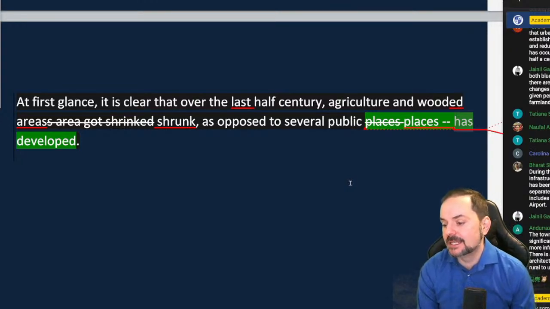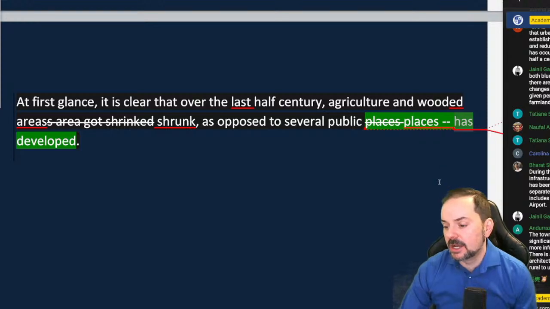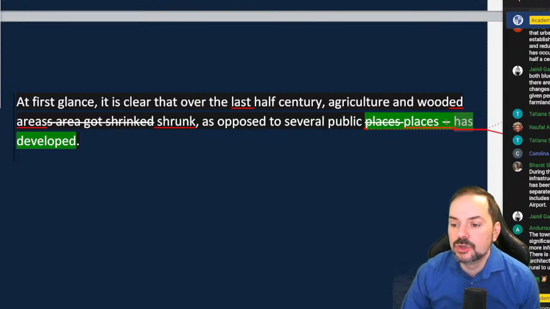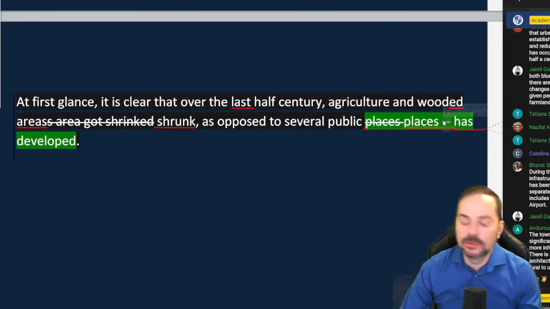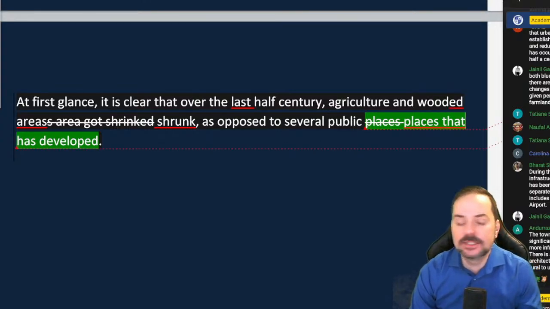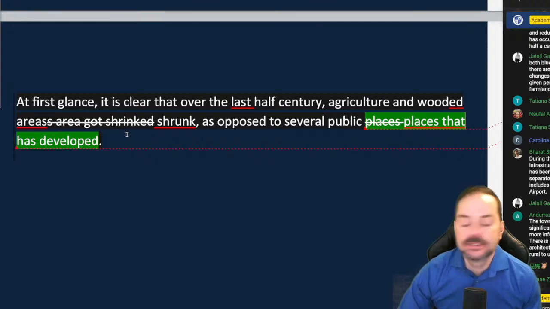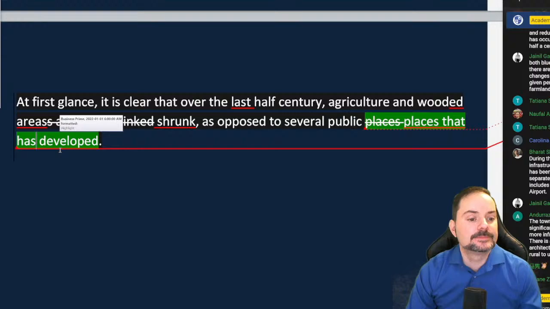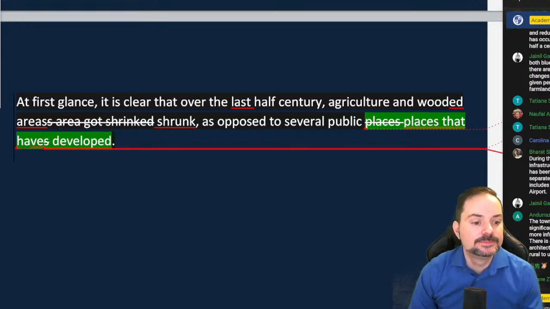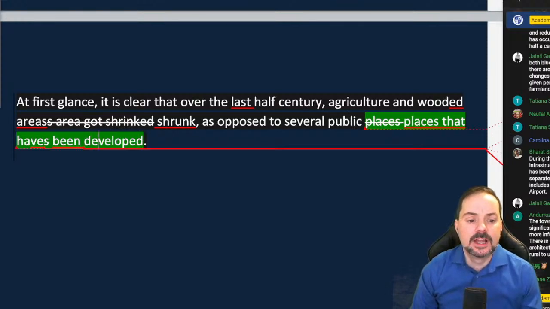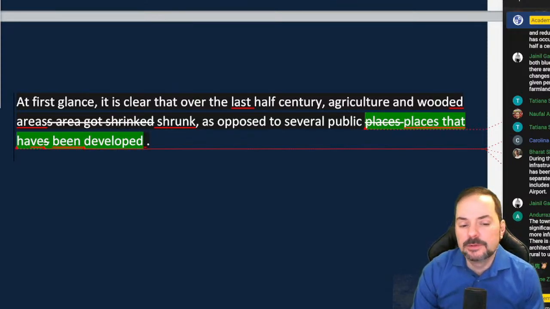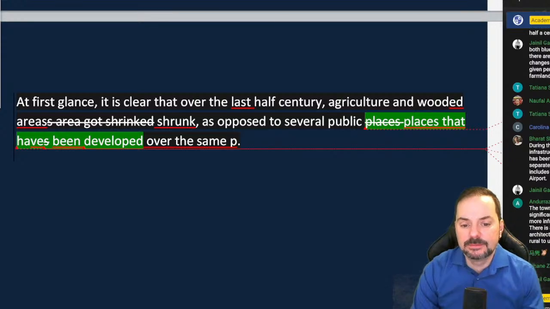So it should be passive. Yeah, June, you're right. So the missing word here, June says, is that. Okay, so as opposed to several public places that have been developed. And I would finish this with over the same period.